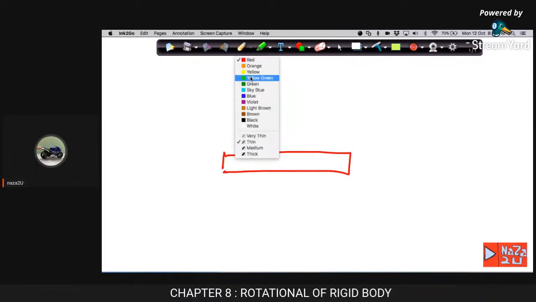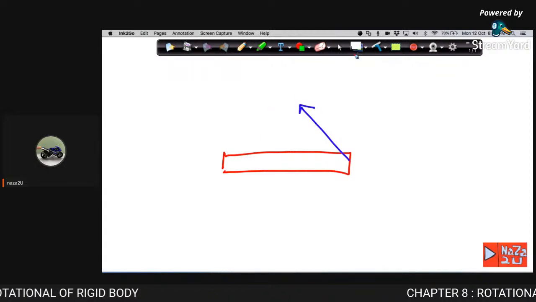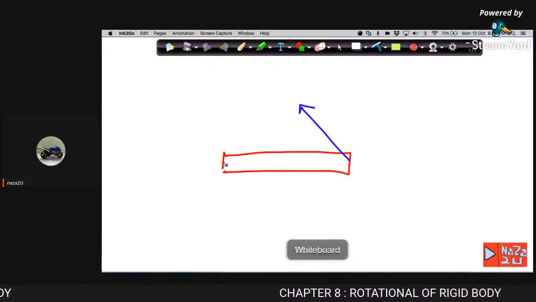Okay, the first force is downward, and the second force is also downward.